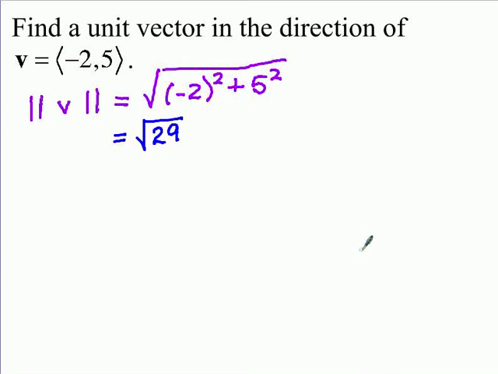So now to find a unit vector, I'm going to take, oops, let's try that one again. To find the unit vector, I'm going to take vector v, which is negative 2, 5, and I'm going to divide that by the magnitude of v, which is root 29.